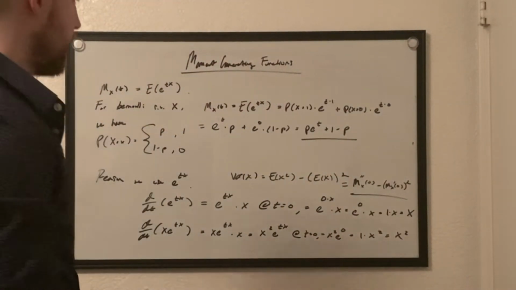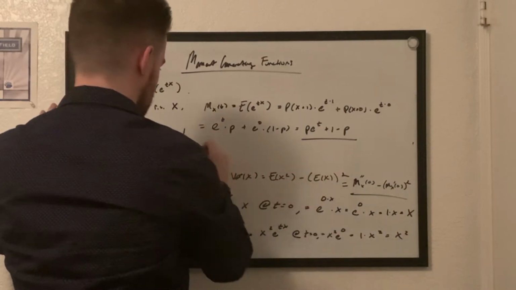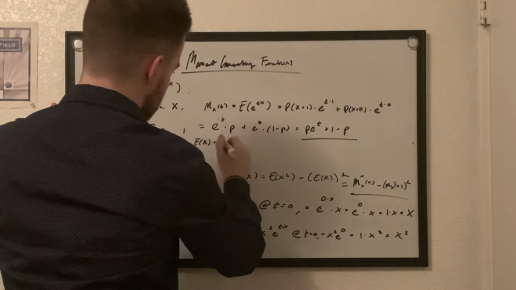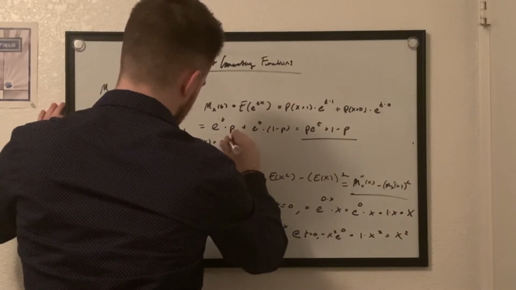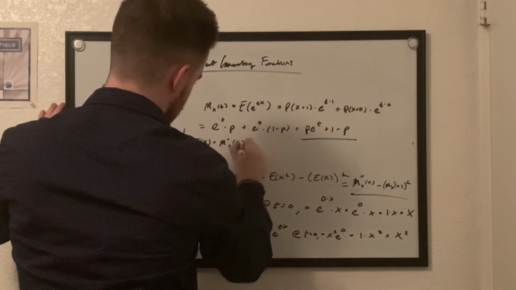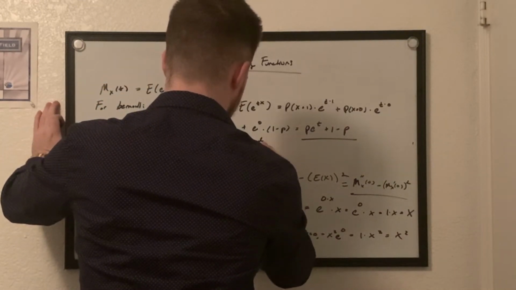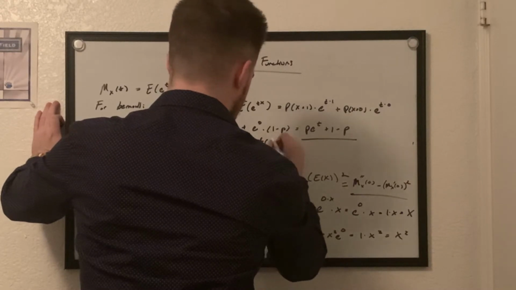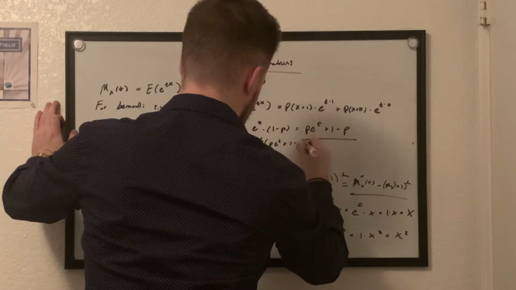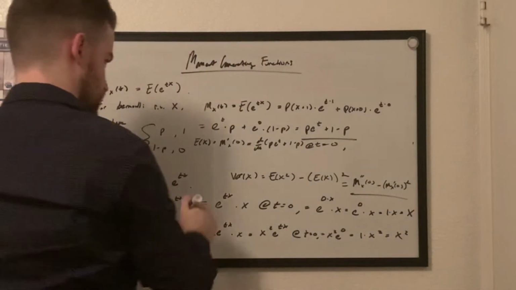Now, let's get the expected value of x. The expected value of x, the first moment, is equal to the first derivative of our MGF at 0. So that is equal to the derivative of p e to the t plus 1 minus p at t equals 0.